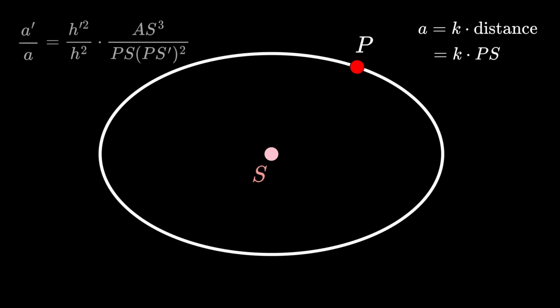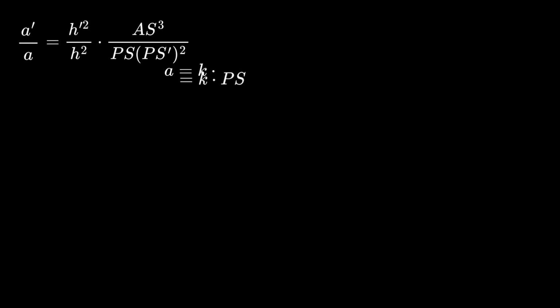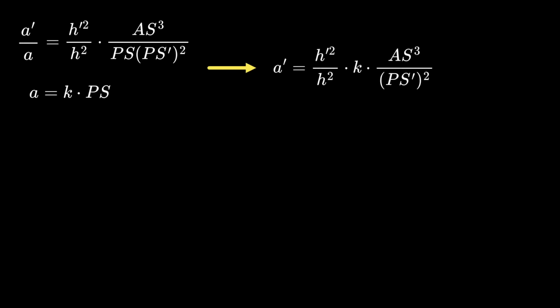Finally, we can use the acceleration ratio we previously derived. We now know that the acceleration towards the center of the ellipse is proportional to distance. So by multiplying these two together, we get this formula for the acceleration towards any other new center of attraction.